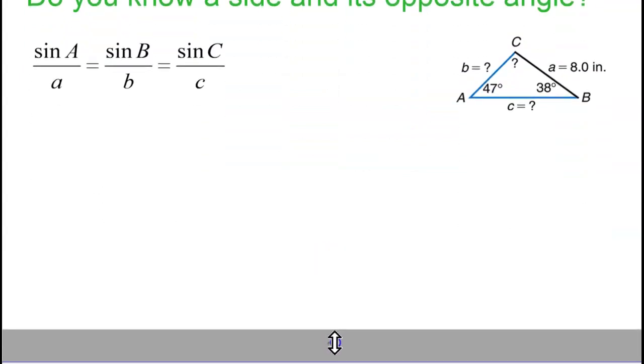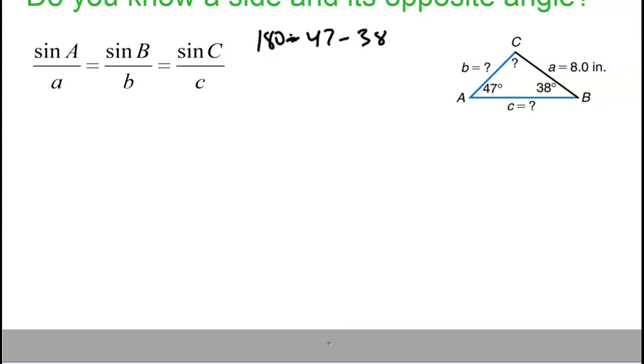We're going to put all the pieces together. The first thing we can do, there are multiple ways to skin this cat, is figure out what this missing angle C is. So I'm going to go 180 degrees minus 47 degrees minus 38 degrees.